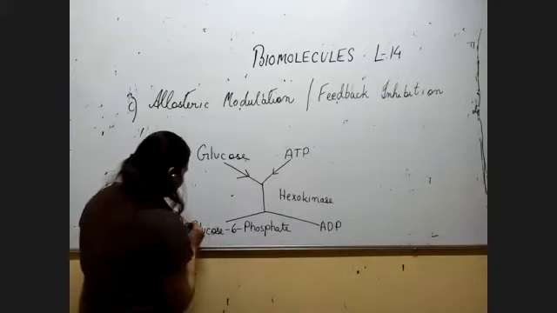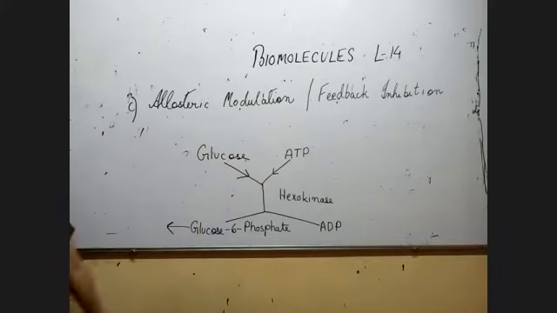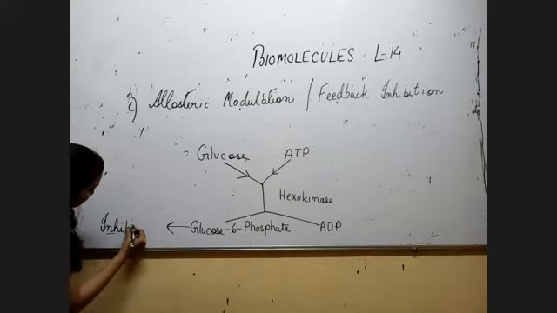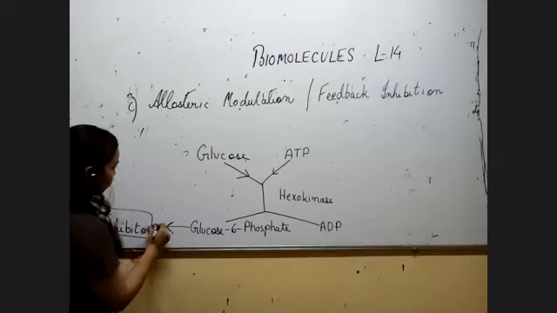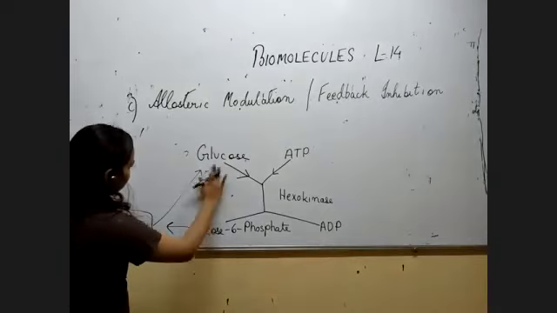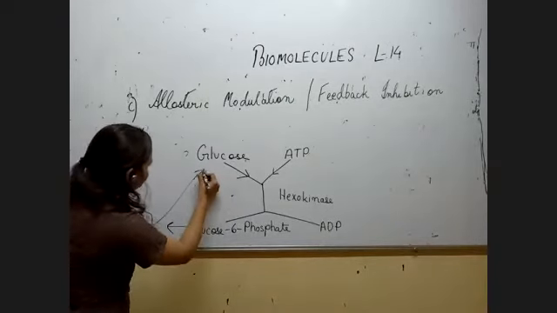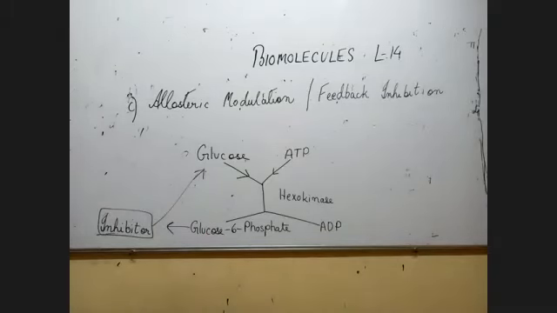This glucose 6-phosphate acts as an inhibitor of glucose. How does it work? I am explaining. Write down this reaction once.